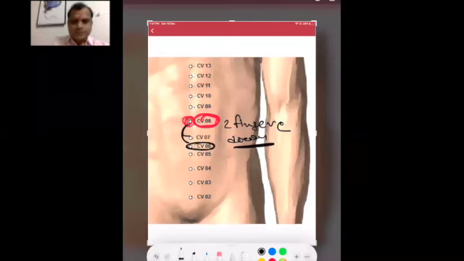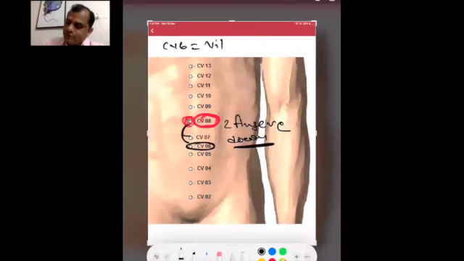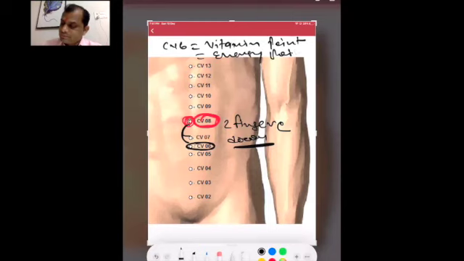The CV6 point has also been called the vitamin point. So it is increasing the vitamin, removing the weakness. This is also called the energy point.